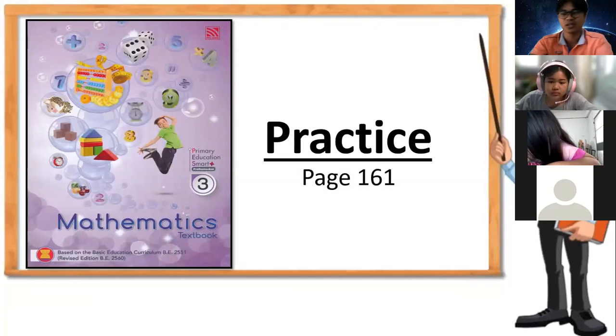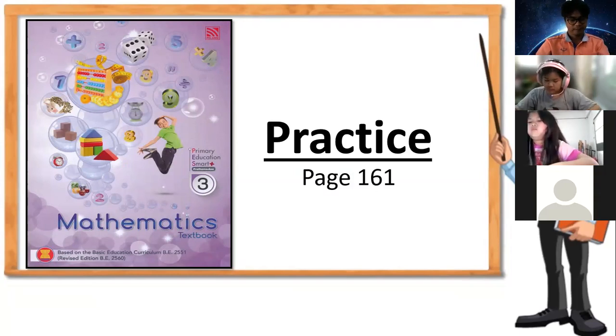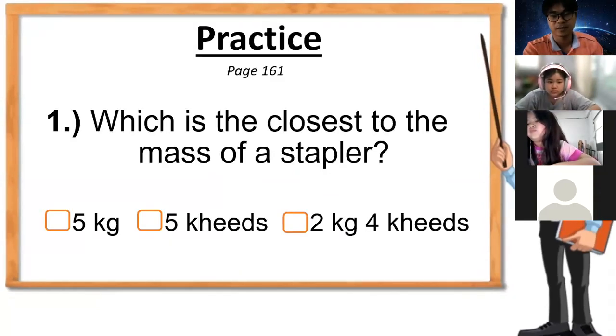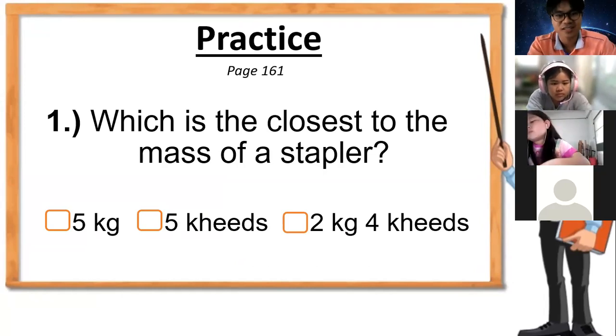Let's proceed. We don't have enough time. 6 minutes more. Let's go to your book. Everybody, open your book. Page 161. Everybody, look at here. Let's try to estimate which is the closest to the mass of the stapler.